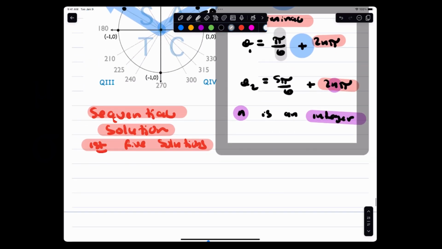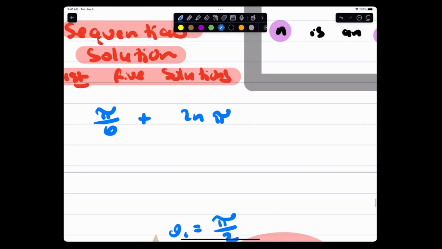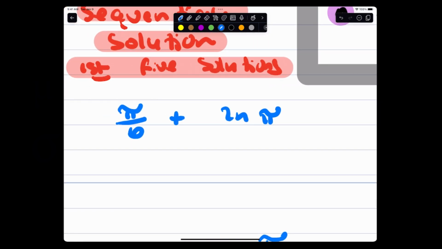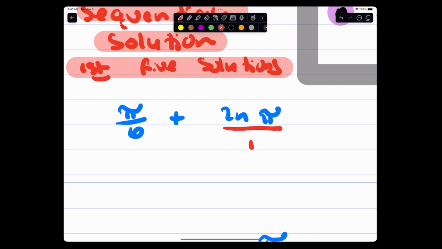So down here, I'm going to do a little bit of arithmetic. Do you guys know how to add pi over 6 plus 2n pi? What would you do? Don't you need the same denominator? So put this over 1, multiply the top by 6 and the bottom by 6. You say, why 6? Because you're taking a fraction and adding it with a whole number.